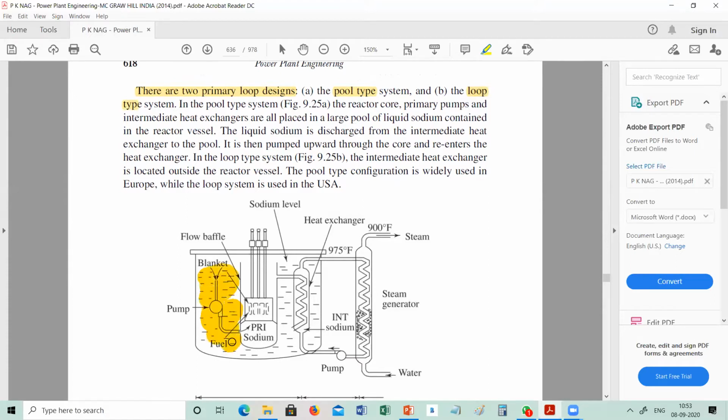You can see that the sodium is in contact with the reactor, the fuel material, and it is in liquid form because it takes the heat energy developed by the fuel material, and it flows through.